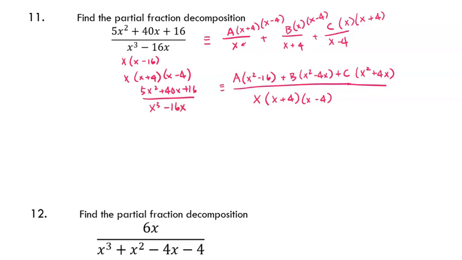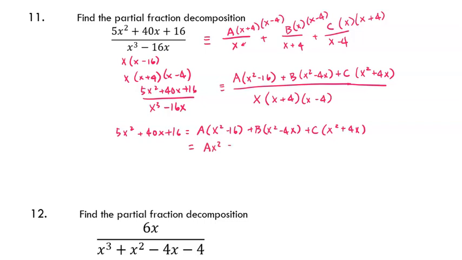Okay. Now I'm just going to take that numerator and set them equal to each other. A times x squared minus 16 plus B times x squared minus 4x plus C times x squared plus 4x. Let's go ahead and simplify.